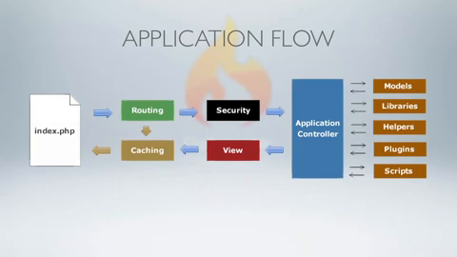The application controller then talks back and forth with models, libraries, helpers, plugins, and custom scripts, and goes out and does whatever it needs to do, and returns that data to what's called a view. From then, it can either go right back to the browser, or it can go through a caching method, and then to the browser. This is the overall flow and routing.